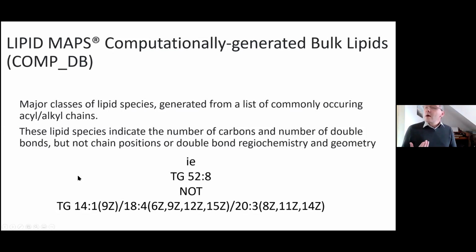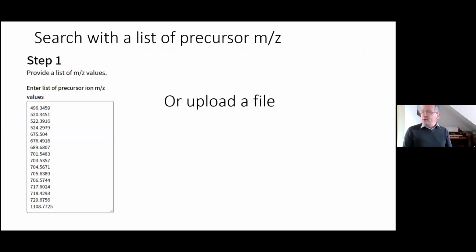One of the most useful things about this search is you can input a very large list of precursor ion masses, should you want to. We've done it recently with about 10,000. It takes its time with 10,000, but it will get there eventually. So the procedure is you provide the list of masses, or if it's a very large list, you could upload a file into this box here.